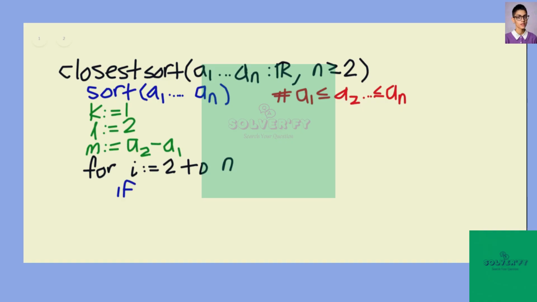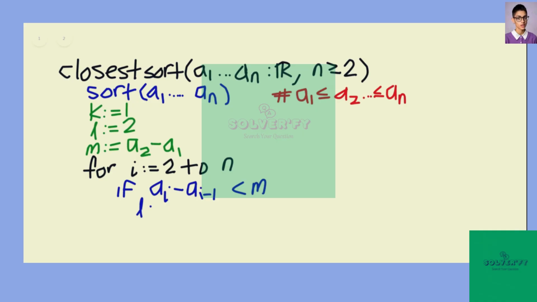All right, but then it's going to continue in sort of the expected way as before. So we'll say if Ai minus Ai minus 1, so if this current value, if you subtract the previous element in the list, is going to be less than M, then we will reset all of our conditions, right?